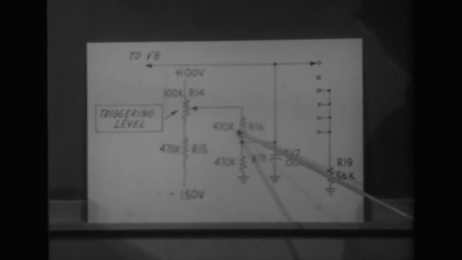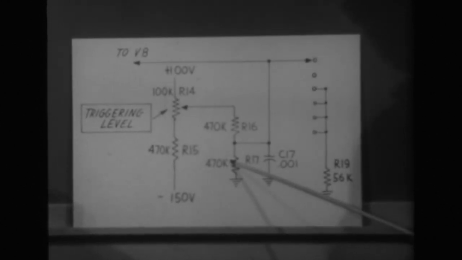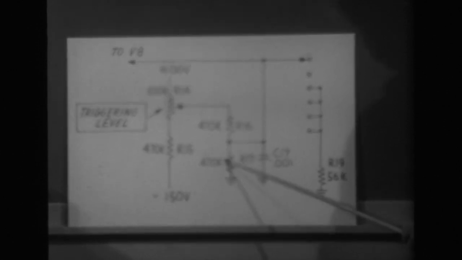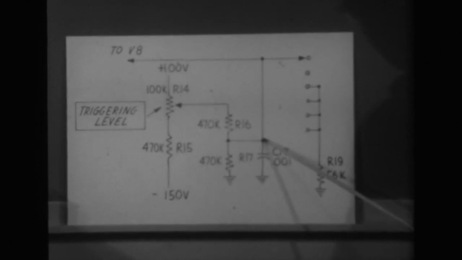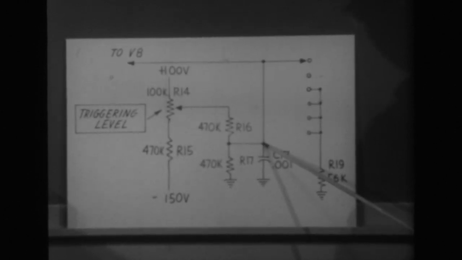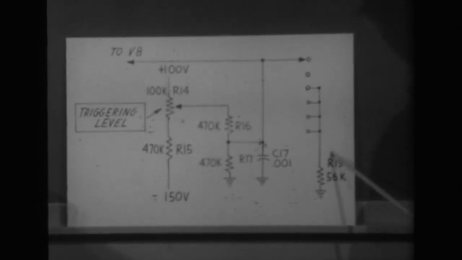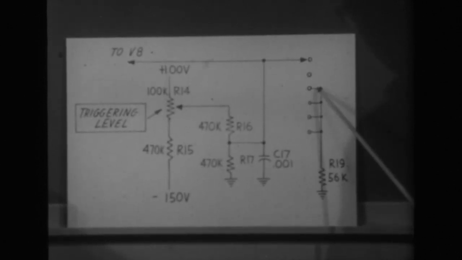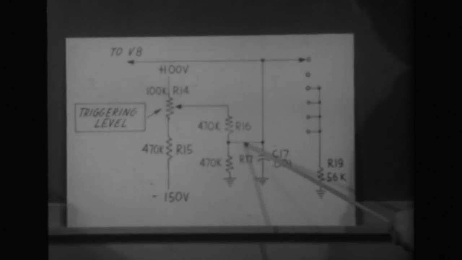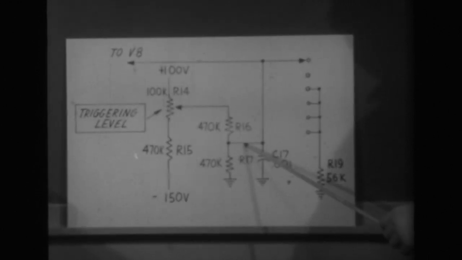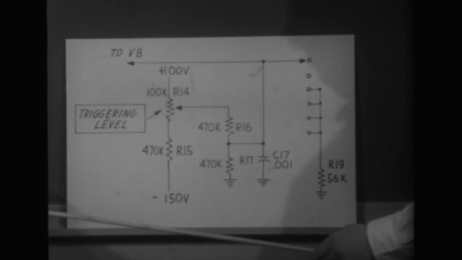And the two 470,000 ohm resistors mentioned in the previous steps, in other words, when we connected the jumper, are these two resistors, and therefore connecting the clip lead was really carried out by connecting this point to this point. Here's the 56K, and the result of making this connection across here is to reduce the DC voltage change at this point to about plus or minus 7 volts for a 530-540 series oscilloscope.